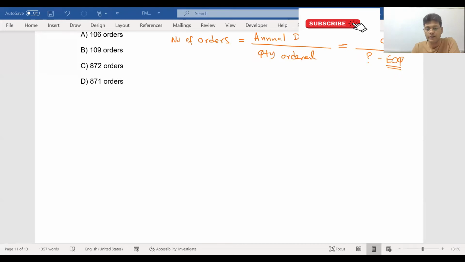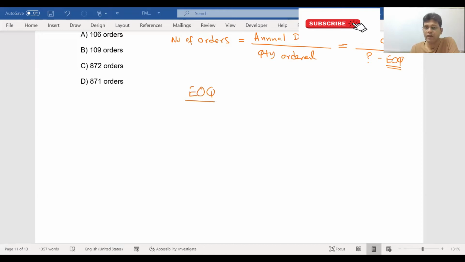We should know what it is. Briefly, the EOQ model: EOQ refers to the optimum amount of an item that should be ordered at any given point in time.